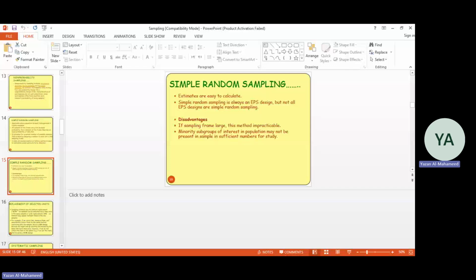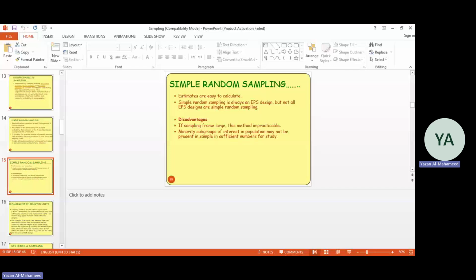Probability sampling, in simple words, is defined as a process of selecting or drawing the sample of the study from the entire group of interest or from the population of the study randomly, in a random manner, or at random.